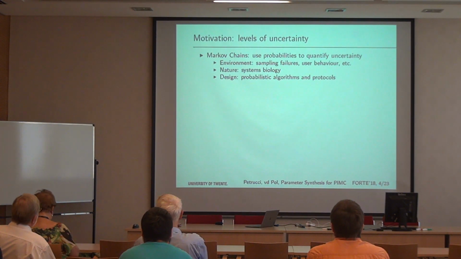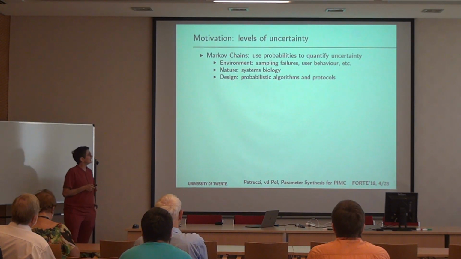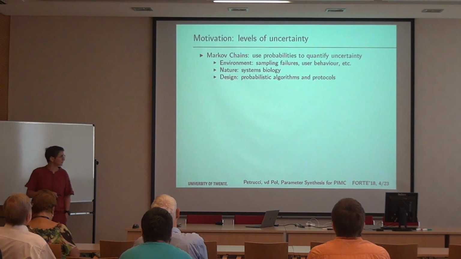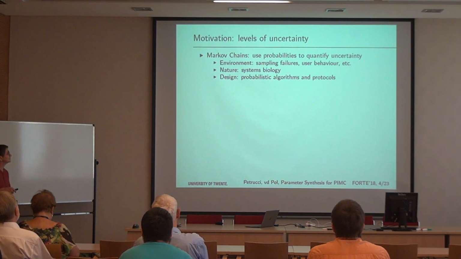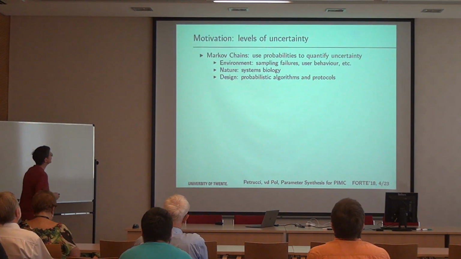Or you can have problems of systems biology, where the choices are driven by nature. And you can also have probabilistic algorithms and protocols that have some probabilities embedded in the design.